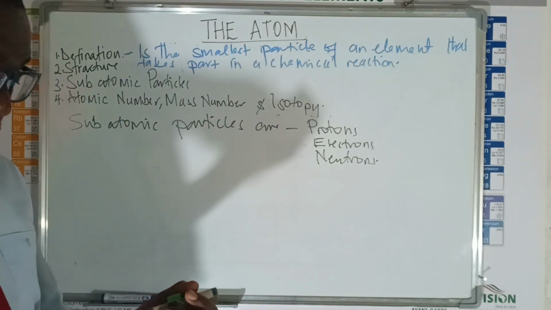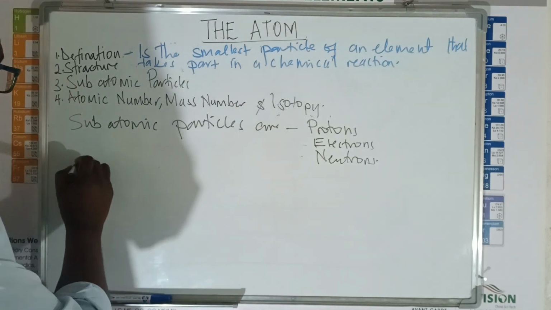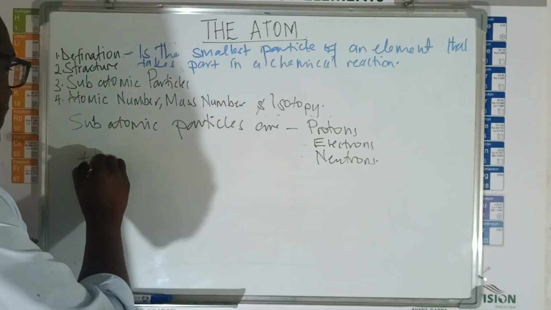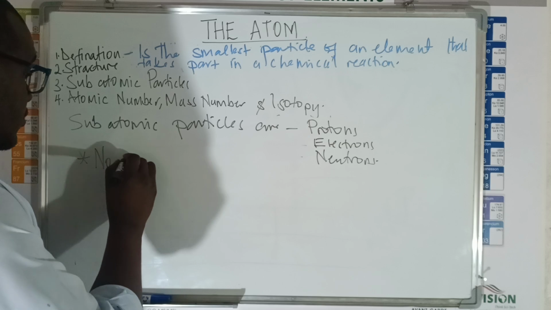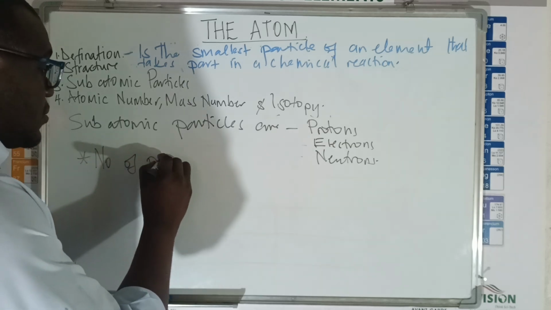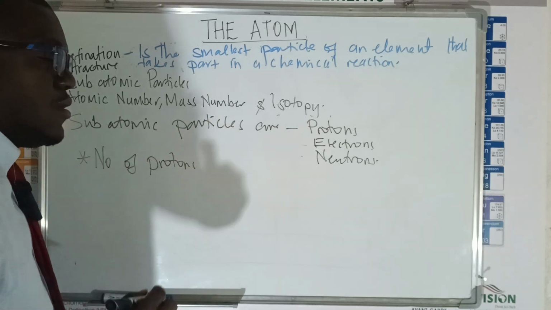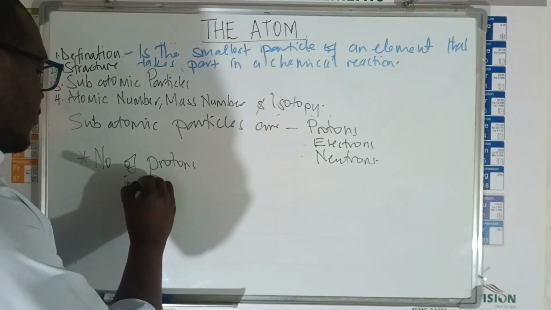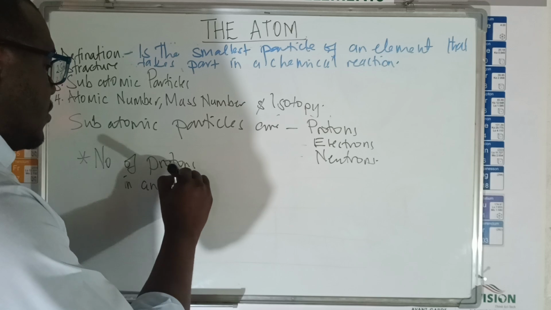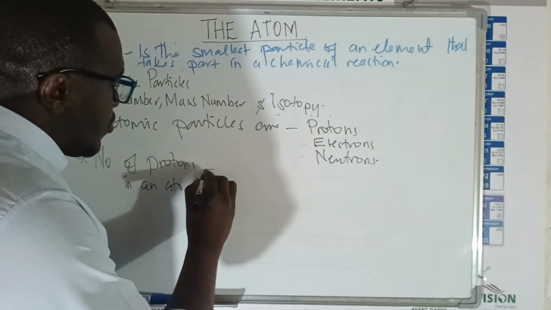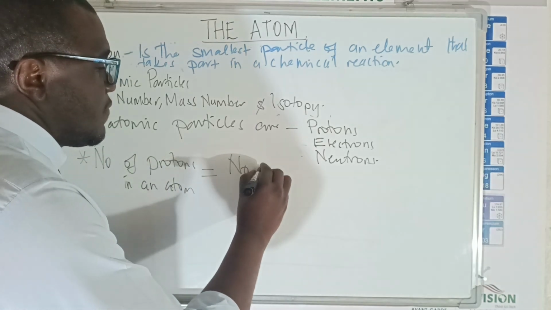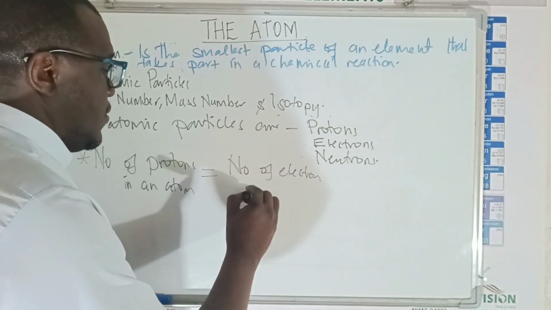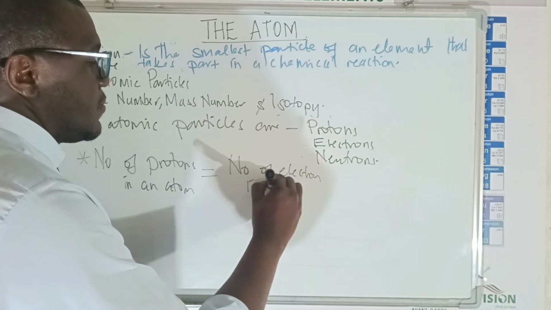Now, I want you to note that one, it is worth noting that the number of protons in an atom is always equal to the number of electrons in the atom.